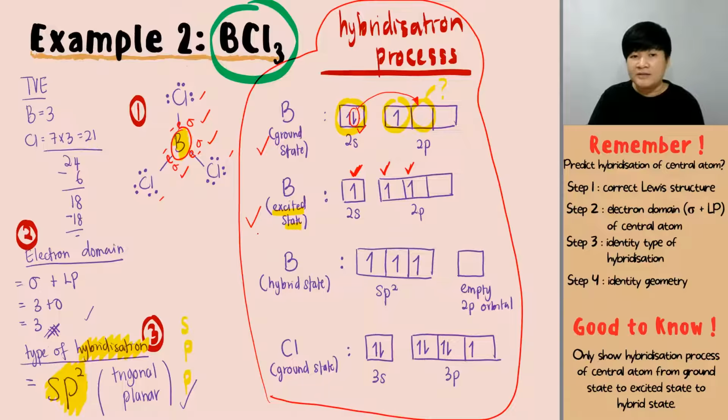And I hope you understand why we need to excite the electron. And then moving to the hybrid state where you mix up the orbitals to form this new set of orbitals that you have determined from the Lewis structure. And then the ground state for your terminal atom as always. Alright? Easy. Going to the second example, you should be able to see very clearly right now.